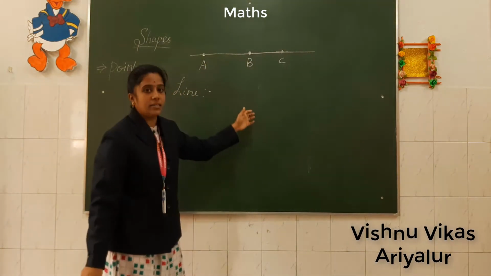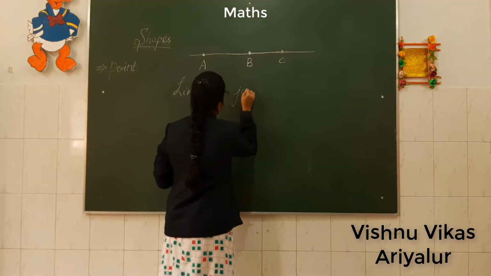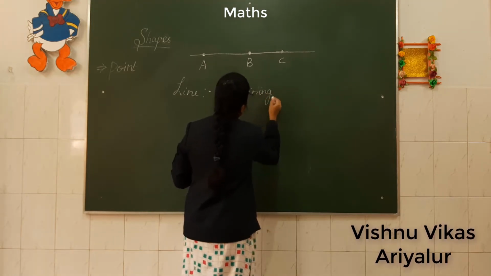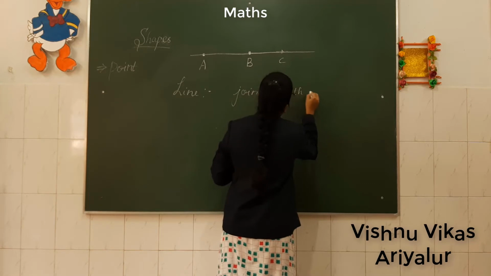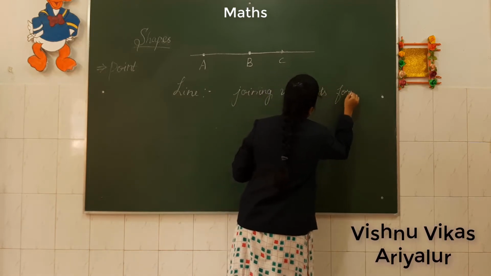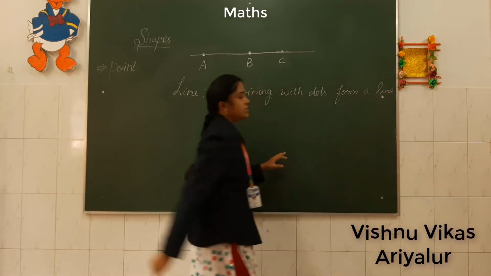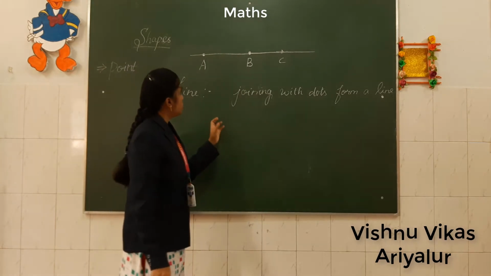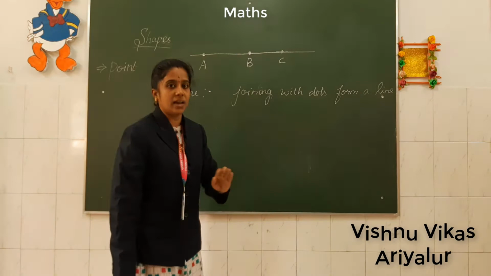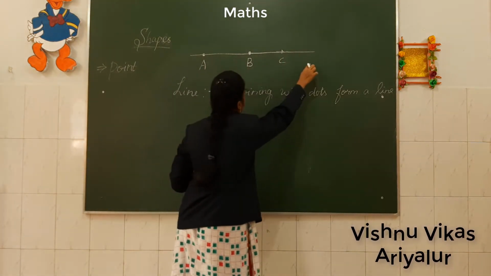So these lines are joined by so many dots. Joining the dots forms a line. When we join all the dots, what we are deriving here is a line. Okay children, what can we recognize in the line? We can recognize no breadth, but we have a definite length.